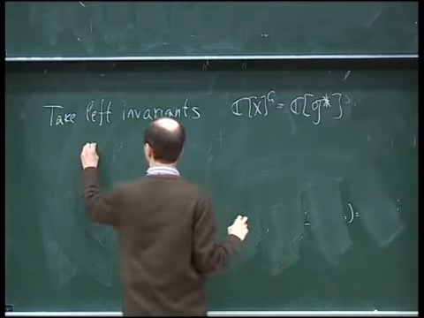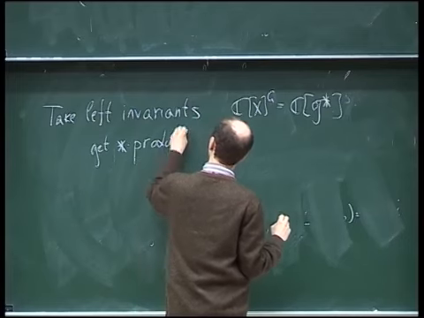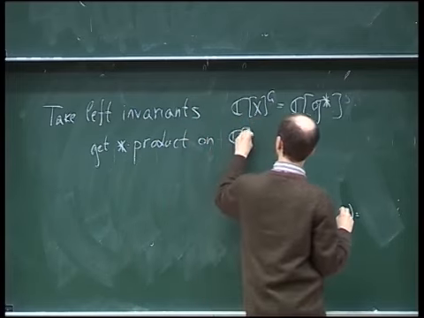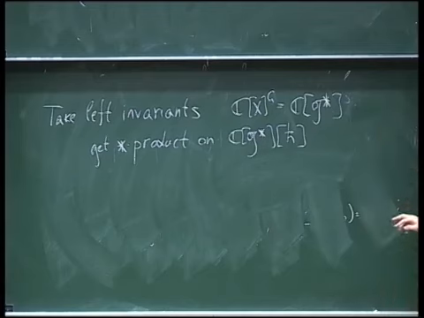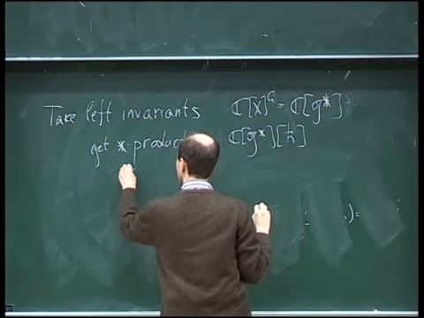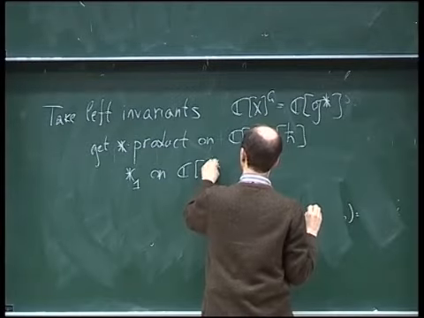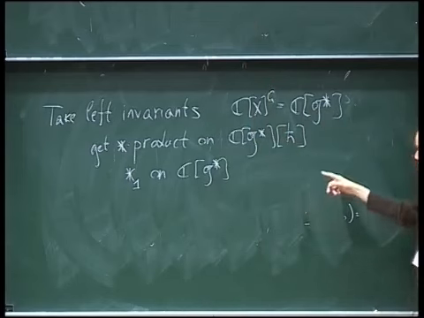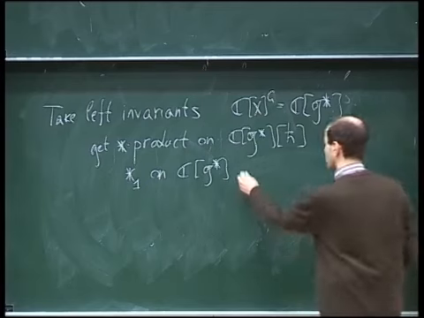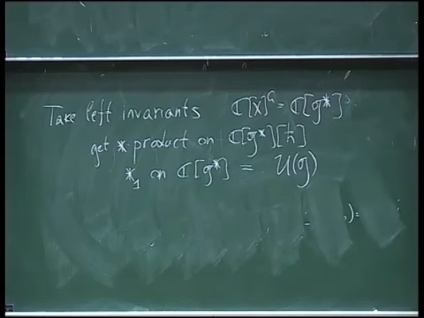So first of all, we get star product on the algebra of polynomials C of G dual. And then we get star 1 on C of G dual. Well, from what I stated here, it's clear what this algebra is. This is just U of G, the universal enveloping algebra of G.